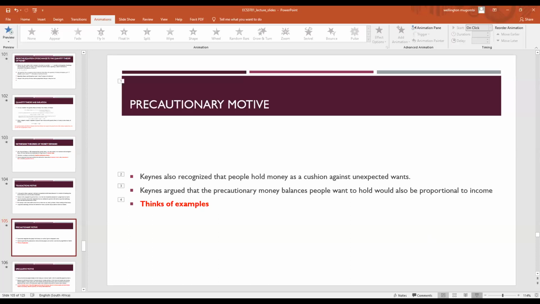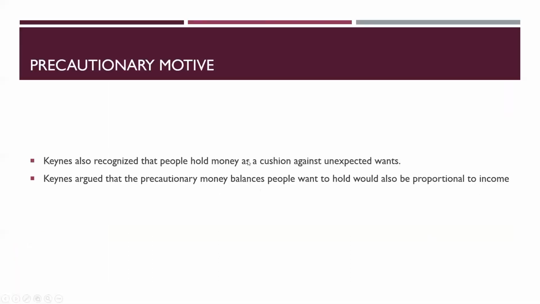Okay, I think I was reading it incorrectly, but it's fine as it is. Keynes argued the precautionary money balances people want to hold would also be proportional to income. So we just want you to think of some examples of the precautionary motive for the demand for money. We've already discussed those examples. Something that you don't expect, but it will need you to pump out some cash.